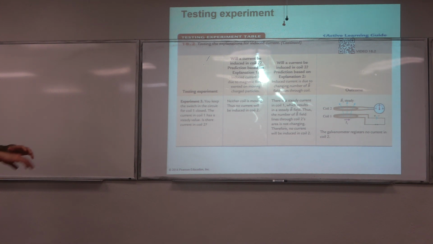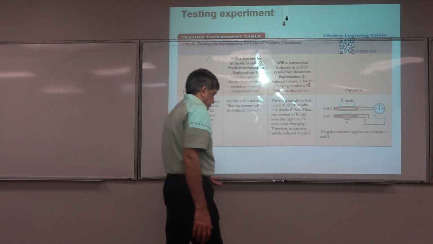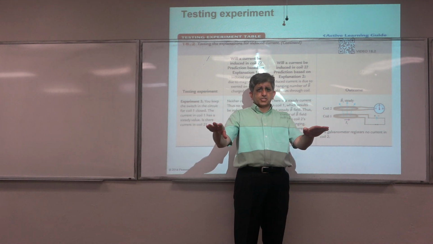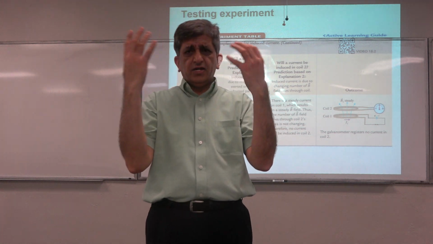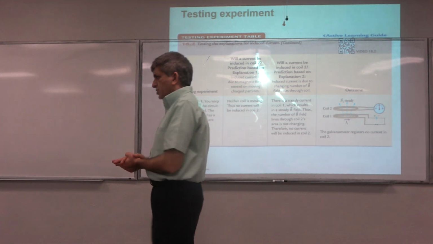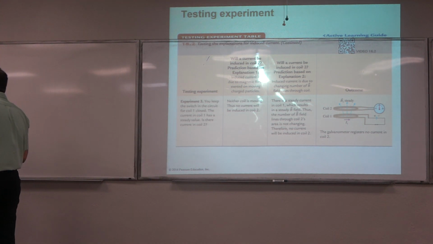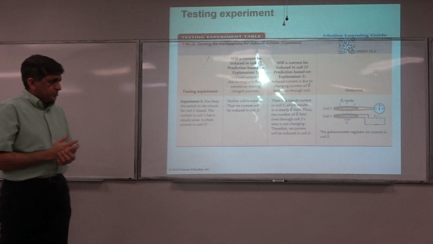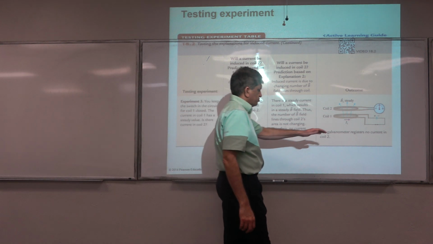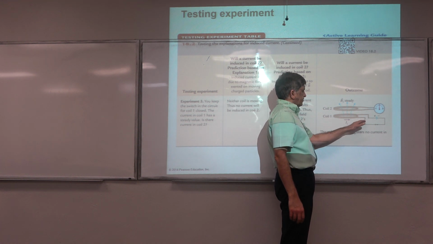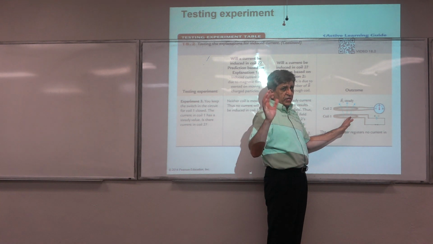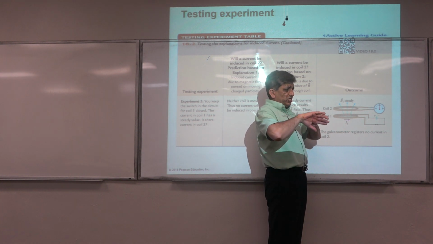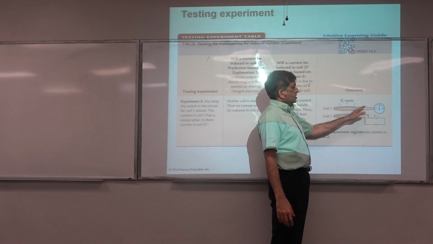It means the magnetic field lines are no longer changing. The magnetic field is produced by a steady current, no more change in the current, so no more magnetic field lines are changing. So the second coil will not show any more induced current, because this stable current has been flowing through coil 1. The magnetic field lines which were induced in the beginning are not changing anymore, so no more current in the second coil.